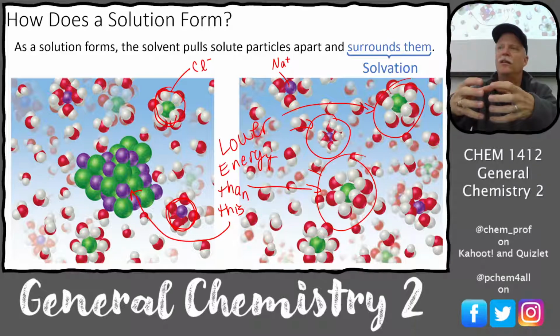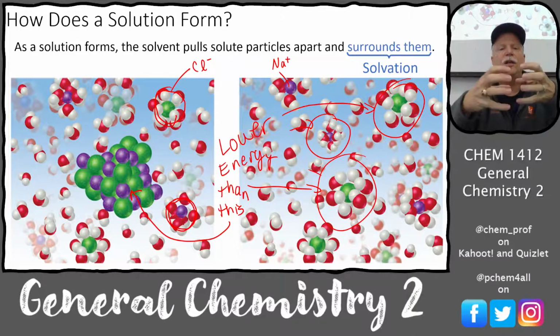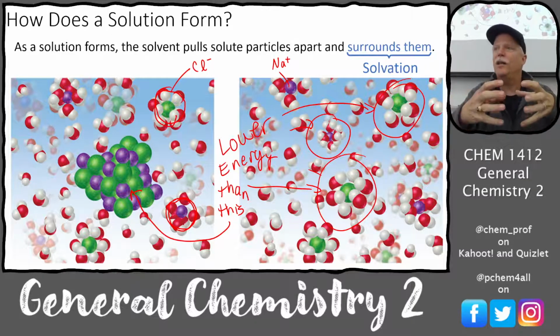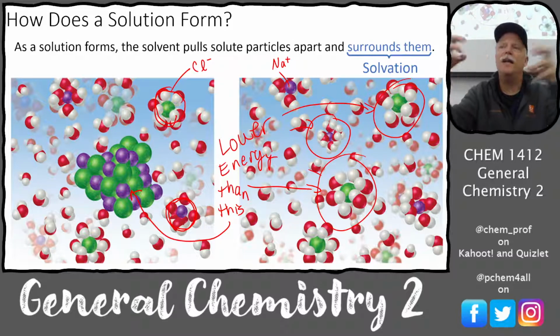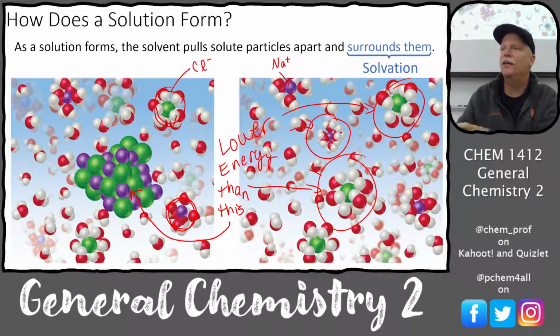Just like you set a ball at the bottom of the hill, it doesn't just roll uphill spontaneously. You set a ball on the side of the hill, it's going to roll down spontaneously. So this crystal, you put it in water, it's not at the bottom of the hill. Pulling these ions off, making lower energy structures, that's downhill energetically, and it will roll downhill spontaneously, and this thing will mix. And so that's what we have. That's solvation.